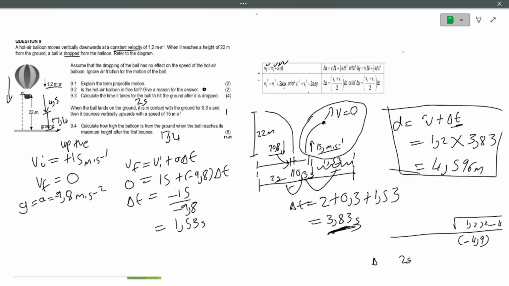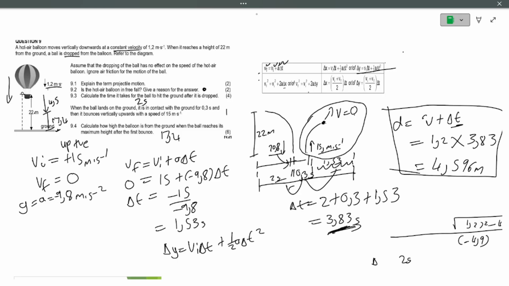We have a time here, and when we have time, we also have distance, and we also have a velocity, which is the general velocity at which the ball was traveling. So we can just use this formula: change in y equals v initial times change in time plus half a change in time squared.